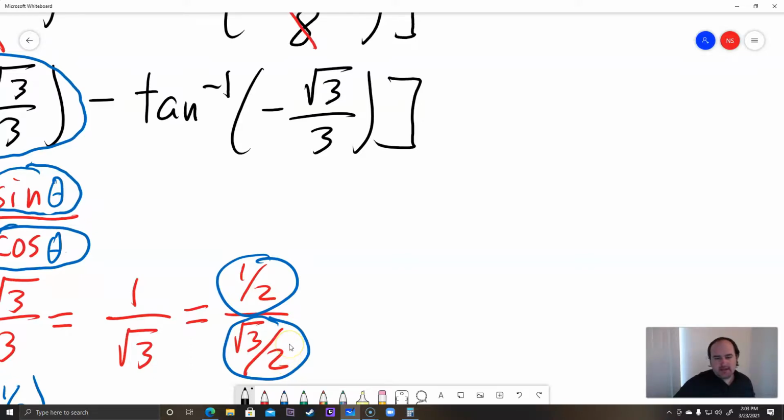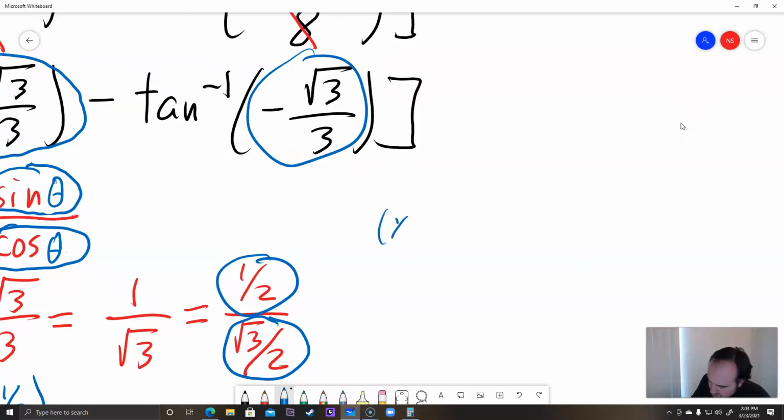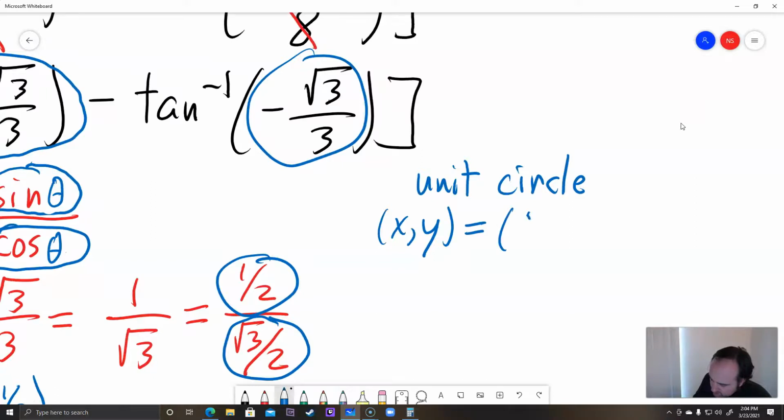So what angle is that going to be? Well, if we look on our unit circle for the negative root 3 over 3, I keep saying unit circle, but I don't write it down. Let me write it down. On the unit circle, our x comma y is going to be, x is going to be root 3 over 2, and y is going to be 1/2.